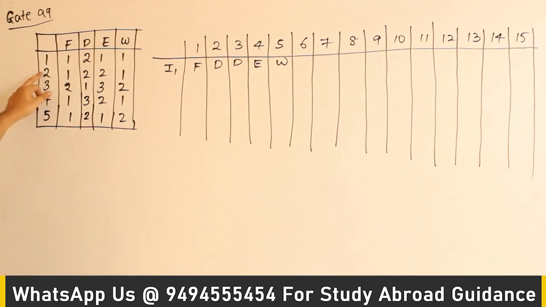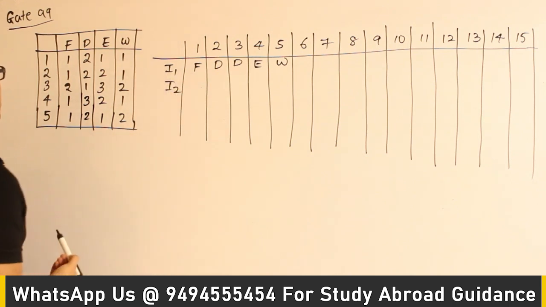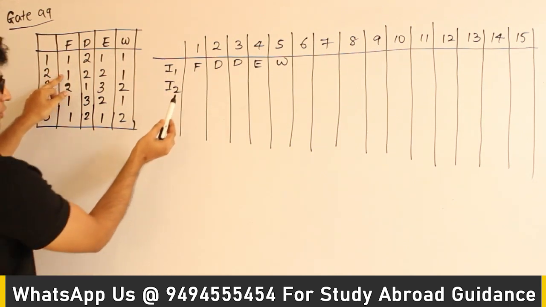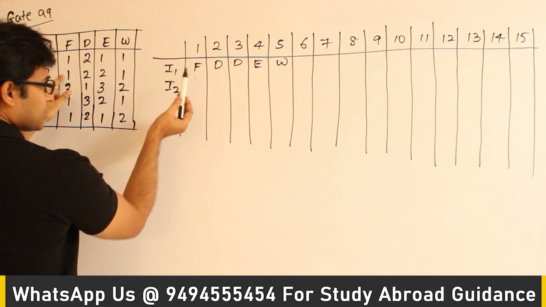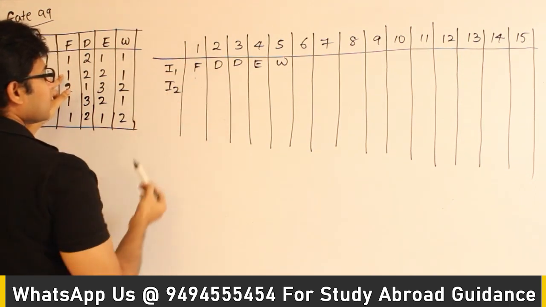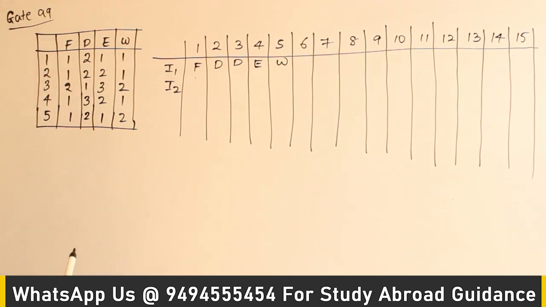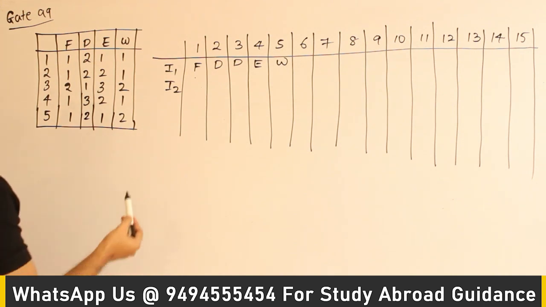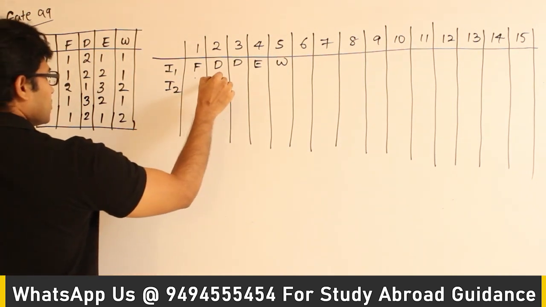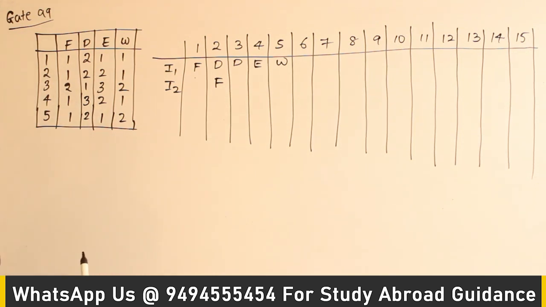Got it? And for the next one, instruction 2, I2, fetch is 1. I cannot start it here because fetch is already in execution. In the same clock, don't start 2 of the same stage, which means don't start fetch here. You start fetch at the next clock.